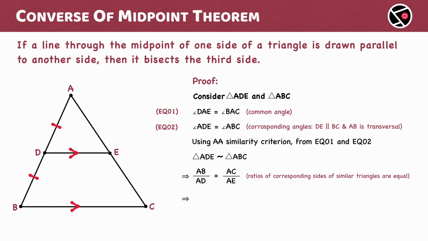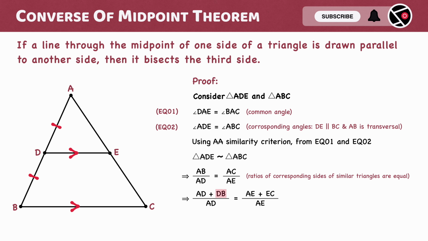Going ahead, we can replace AB with AD plus DB and AC with AE plus EC. Now, DB equals AD.